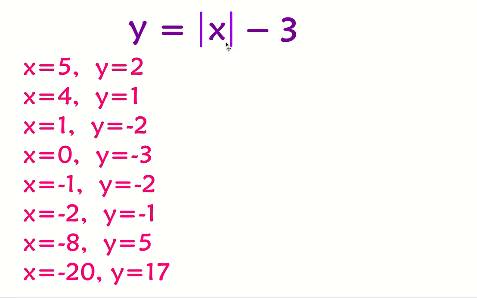And spoiler alert, here we go. One number that y could never be is negative 10. You can never have y equal negative 10, no matter what you plug in for x. Even if you plug in negative 1,000, you know what I mean?